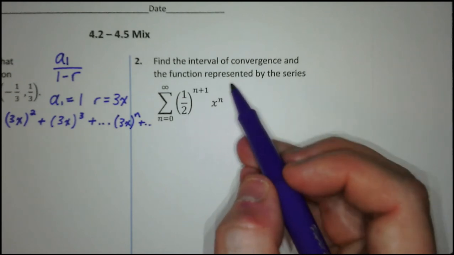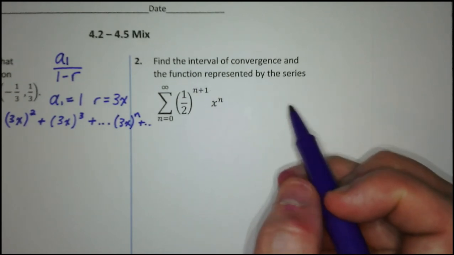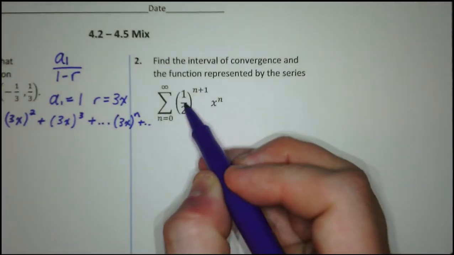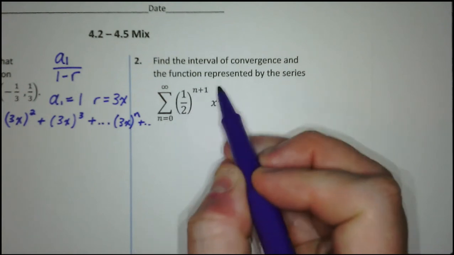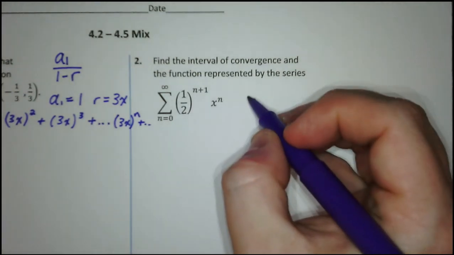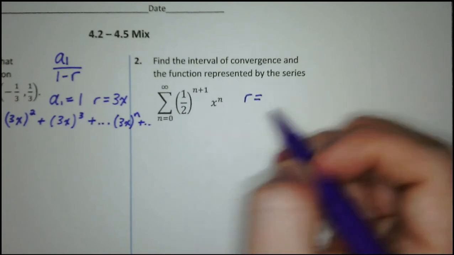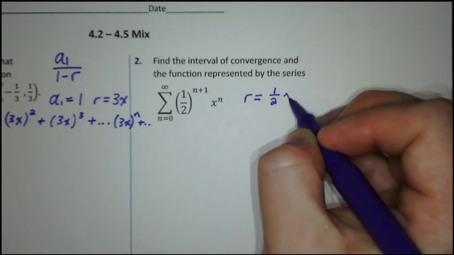And so instead of using the ratio test to find this interval of convergence, I'm going to do the whole geometric test type routine. Now you could write out the first handful of terms here, plug in 0, then 1, then 2. But I'm pretty sure that the R value here is going to end up being 1/2 x.